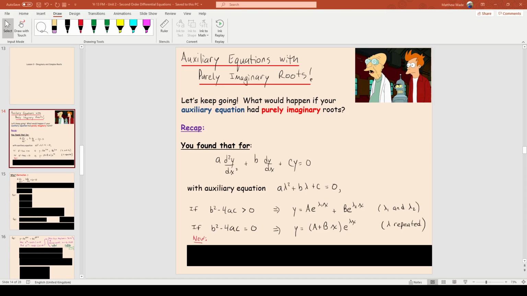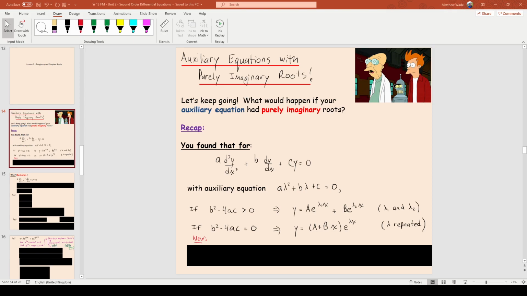As a recap, here's what we've done so far. If we had a general second order differential equation, we discovered that the form of the solution was linked to what's called the auxiliary equation. The auxiliary equation comes from switching out d squared y by dx squared with a lambda squared, dy dx with a lambda, and y is just a constant on its own.